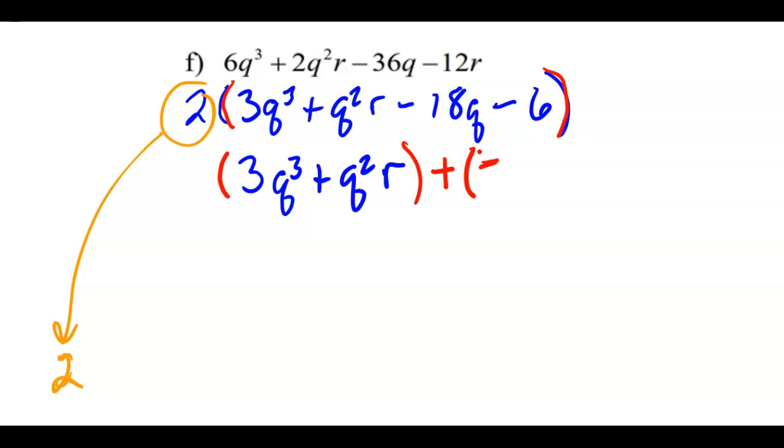Put the negative on the 18q minus 6. And actually, I'm looking at this and I forgot this r, so I'm going to stick that in there.